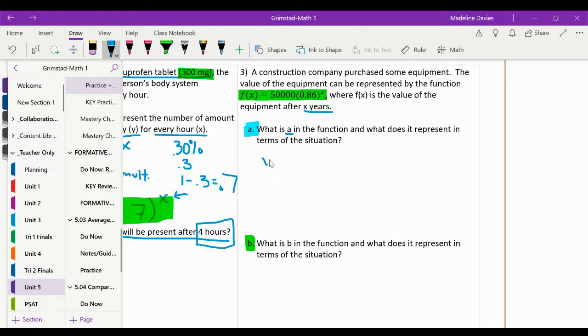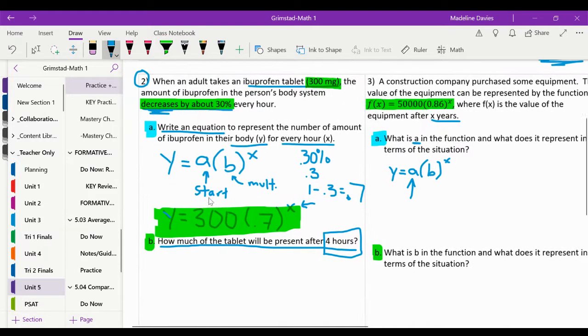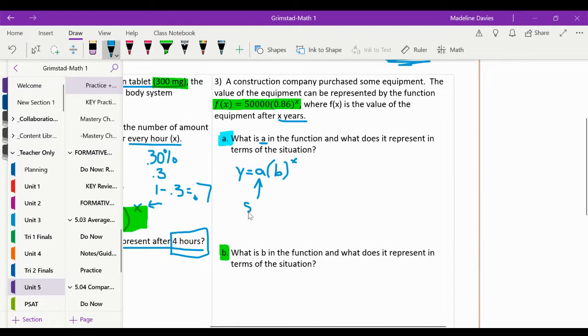Let me rewrite our equation. Y equals A times B to the power of X. And in this one, we're looking for A, right? So A, if we remember, is our starting value. Start.